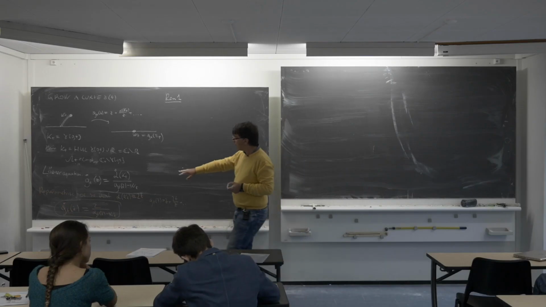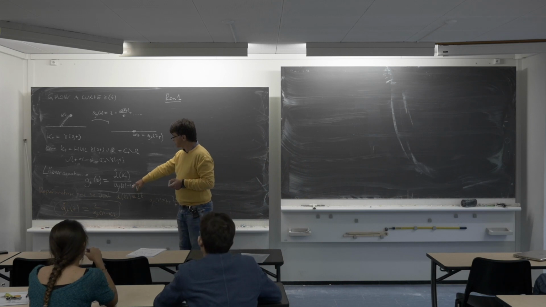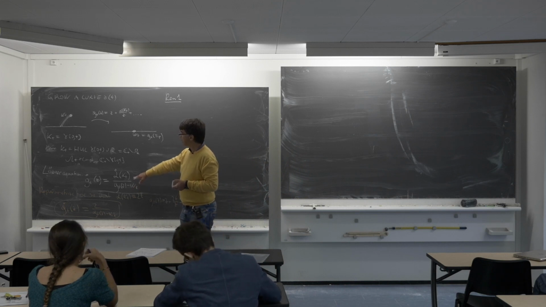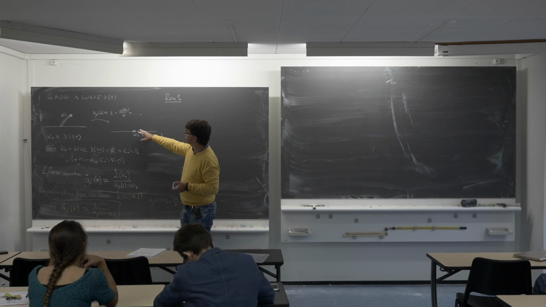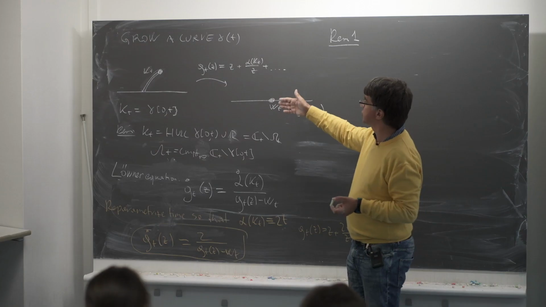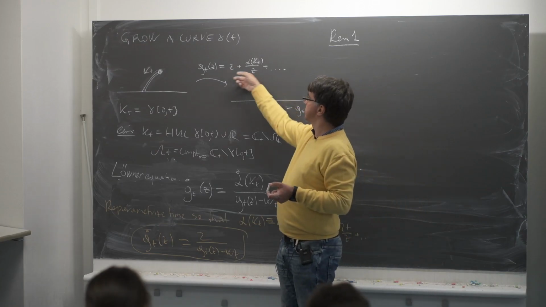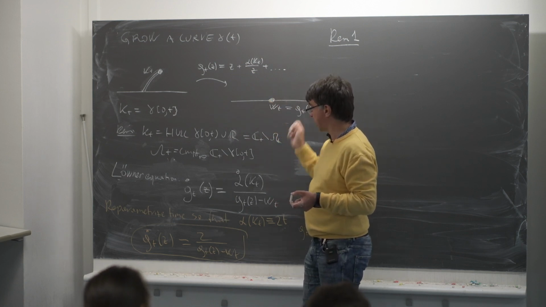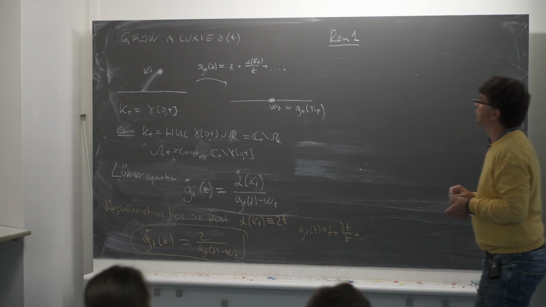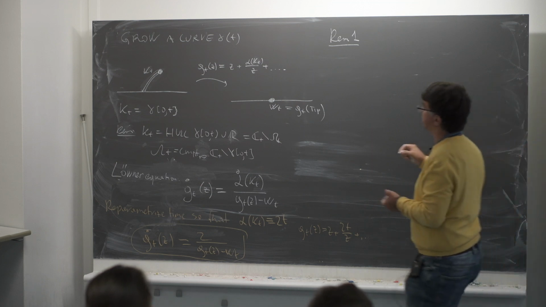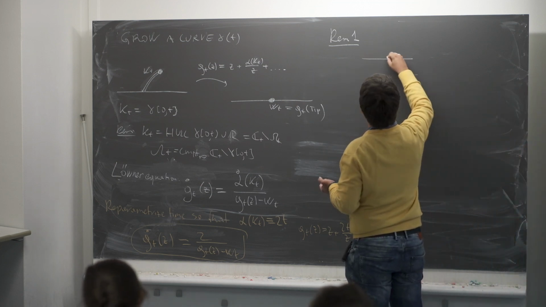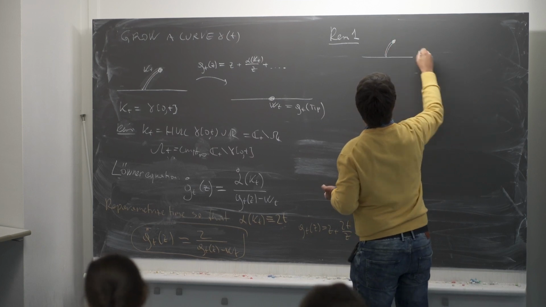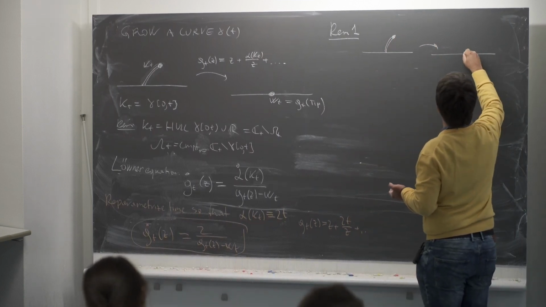Now, even if wt is not smooth, my map does not change very much, because it has an expansion which always starts the same. Only this point goes around. But there is another way you can write a map. Sometimes it's more convenient to map it so that the tip is mapped to 0.